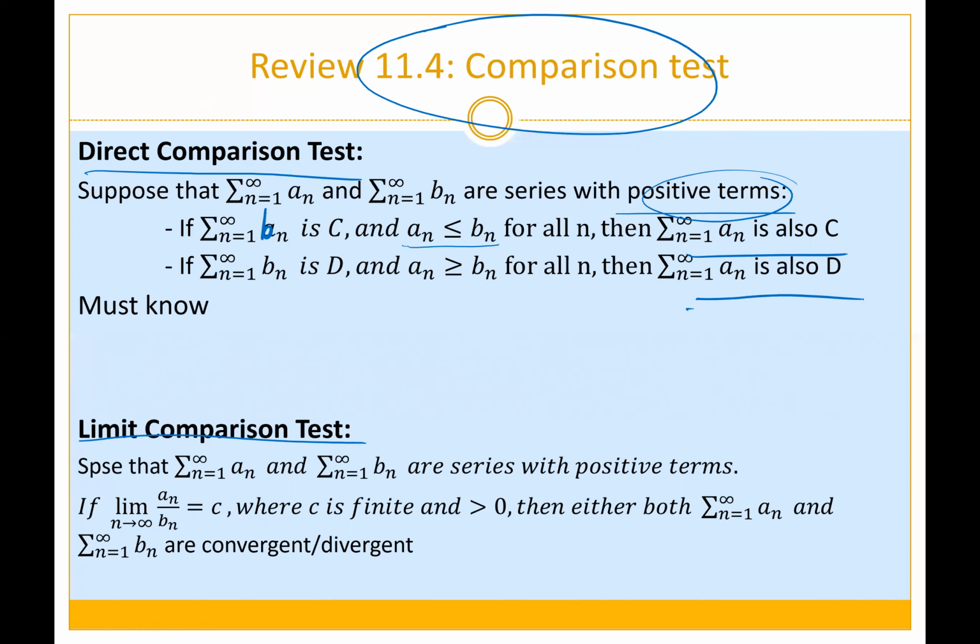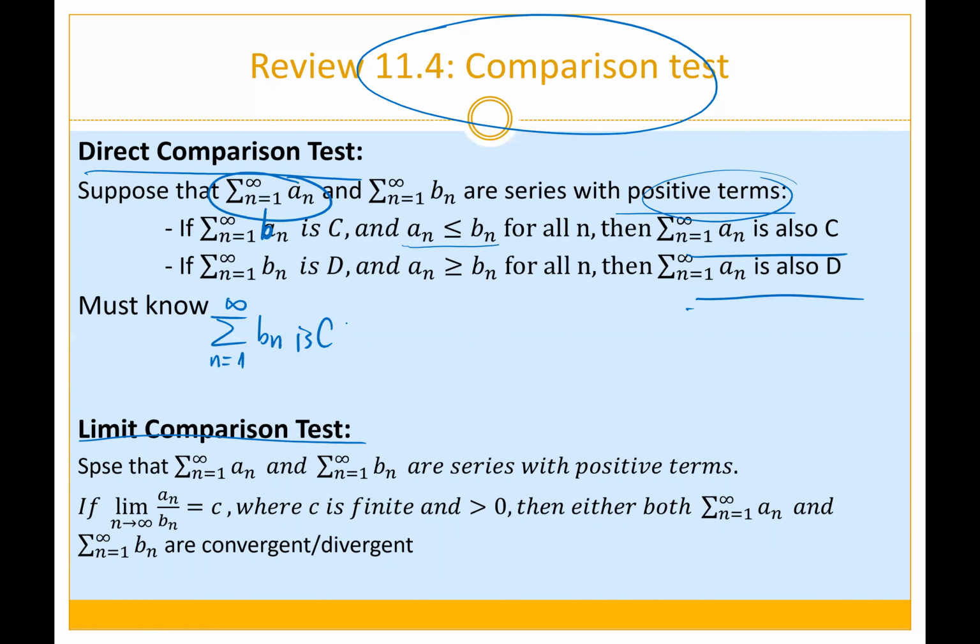One thing that we must know in this section is that usually you're going to be given an and asked to determine if it's divergent or convergent. It's your choice to choose what the series bn is. And so you have to know if bn is convergent or divergent. There's no point in choosing another series that you have no idea about the convergence of.